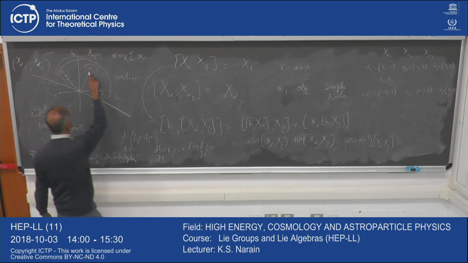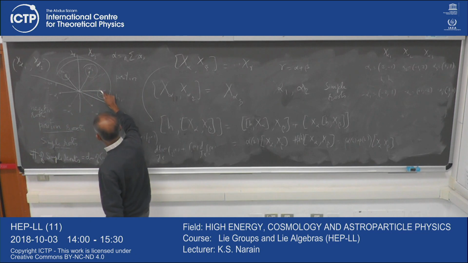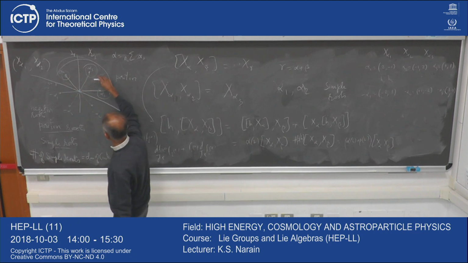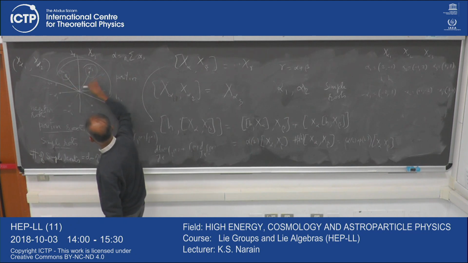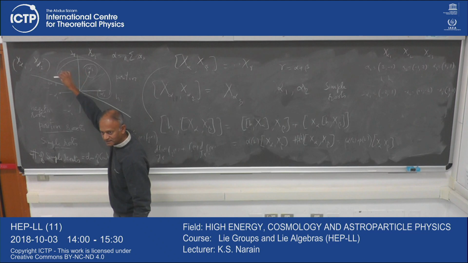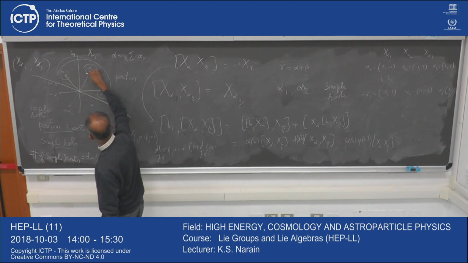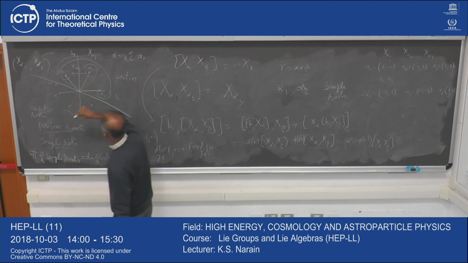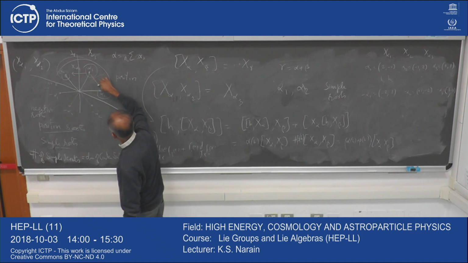For example, with respect to this SU2, this is a doublet, spin half, right? So when you apply a lowering operator, this root will go to that. It's just adding the vectors, so it's just parallel lines. This will go there under the action of x minus alpha 1, and this will go there under the action of x minus alpha 2, because minus alpha 2 is like going down there.